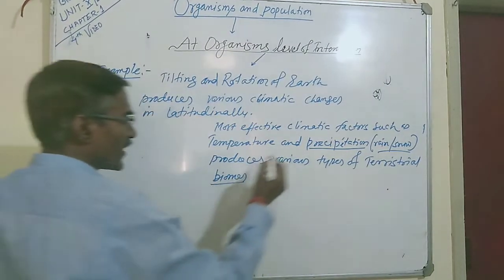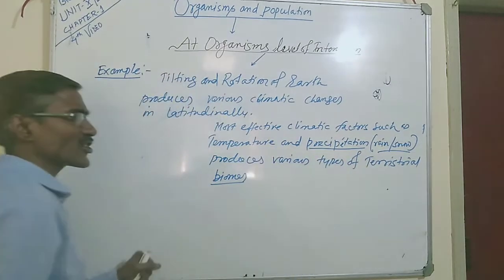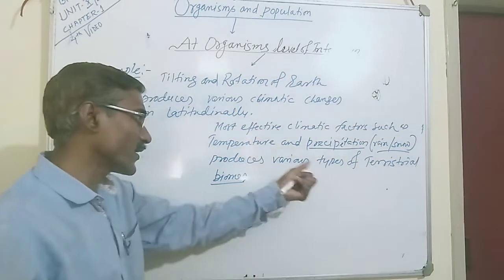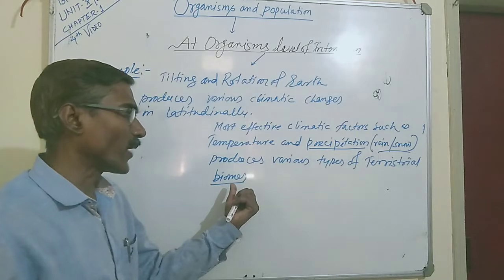That means these climatic factors affect the terrestrial vegetation, and it turns into different types of biomes.